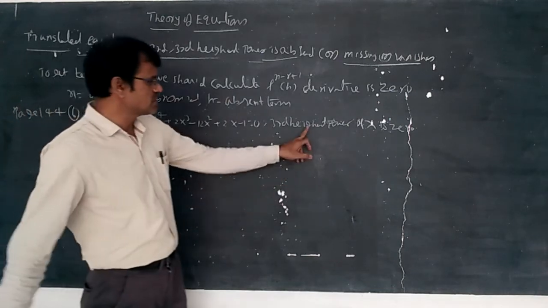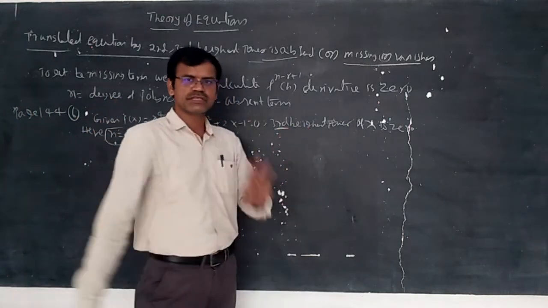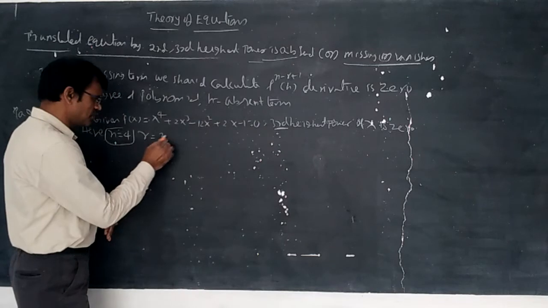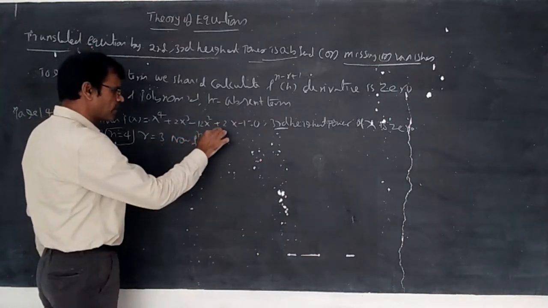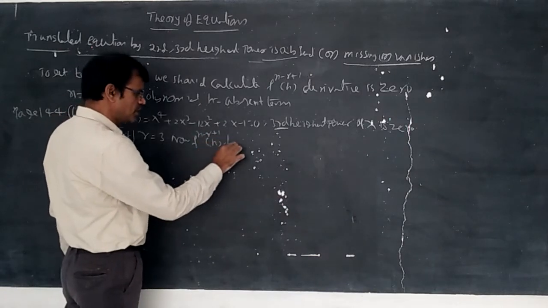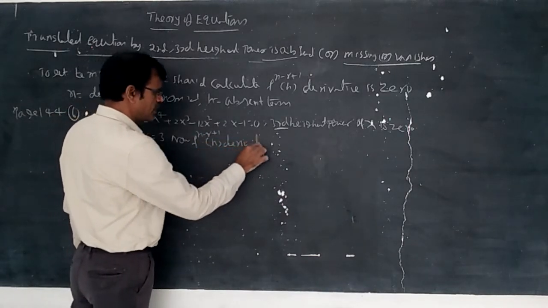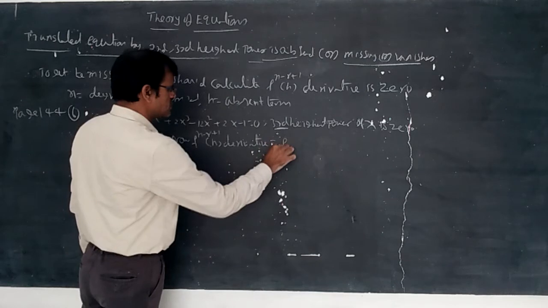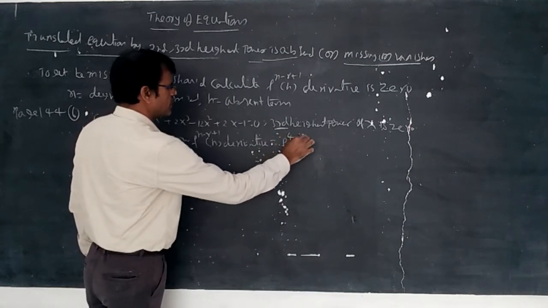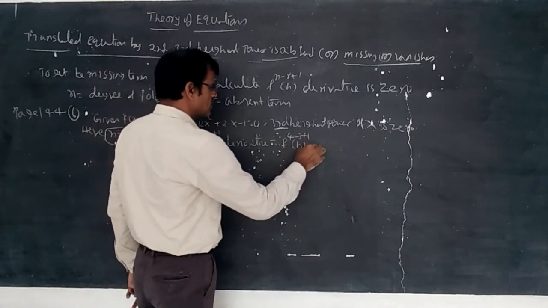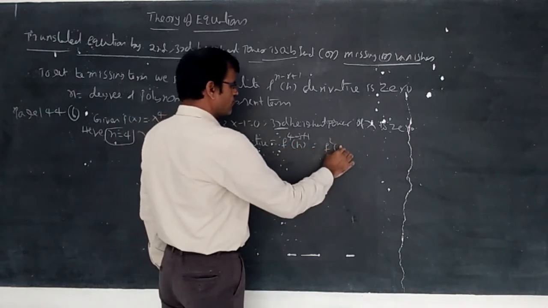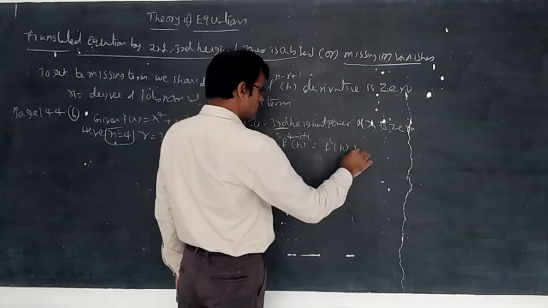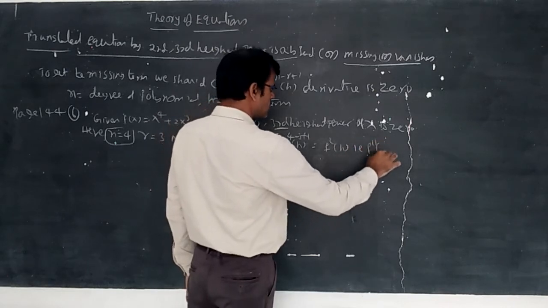r is equal to 3, since third. Now the f power n minus r plus 1 th derivative of h is f power 4 minus 3 plus 1 of h, which is f double dash h.